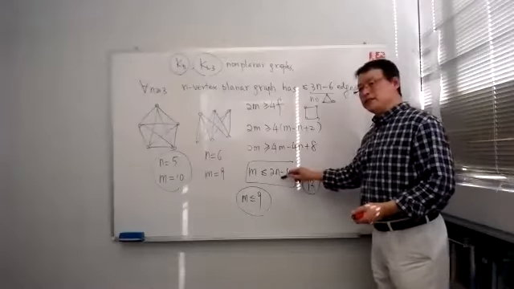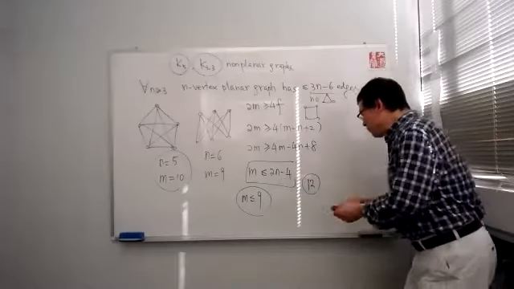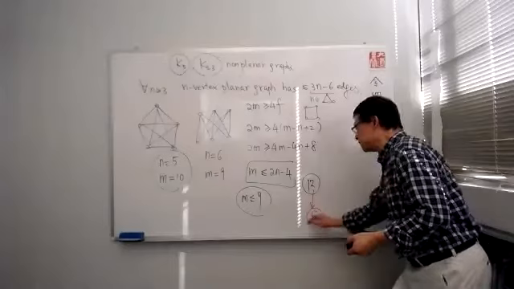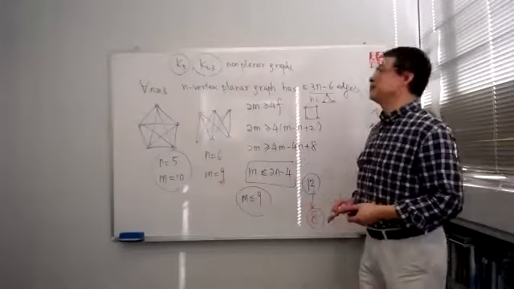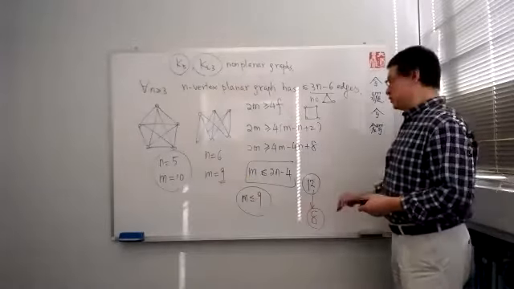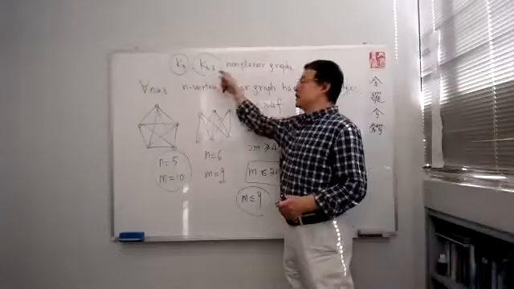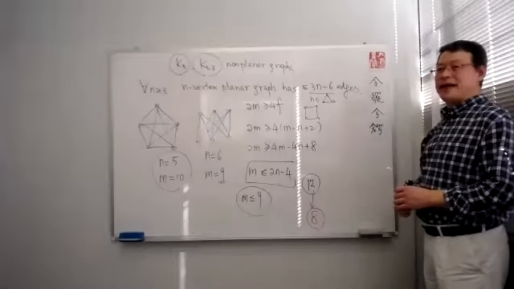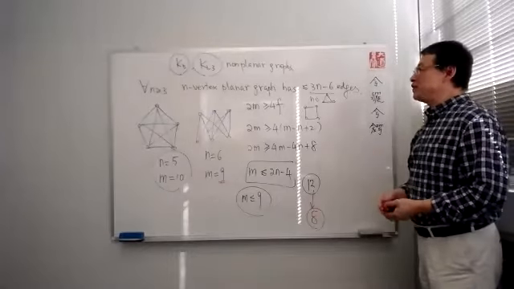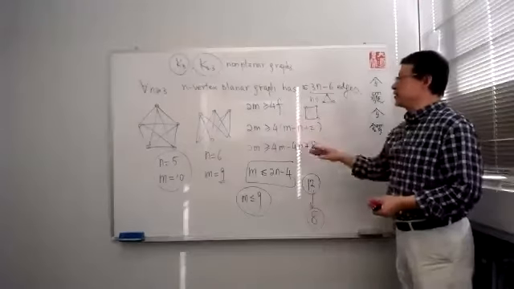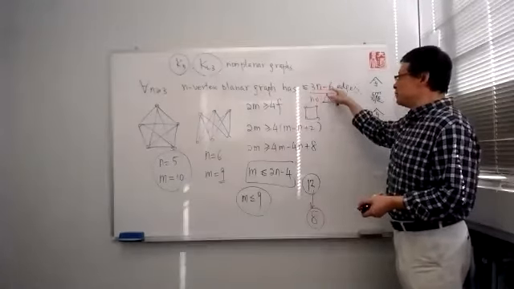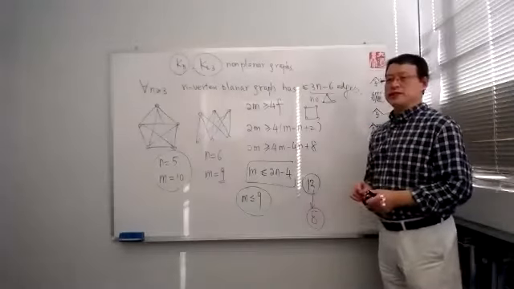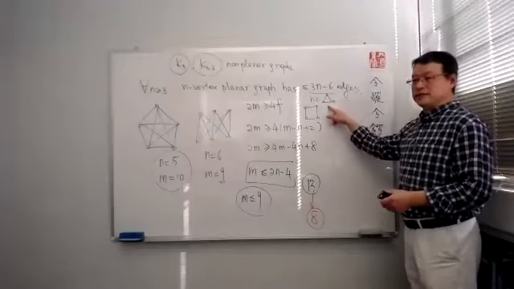So for 6 vertices, the number is brought down from 12 to 8. So here is 9, so it's impossible. So using this result, we can show that this graph cannot be a planar graph. All right. So you see the usefulness of the Euler formula and the density condition for planar graphs. At most 3n minus 6 edges is important, and 2n minus 4 edges when it has no triangle.